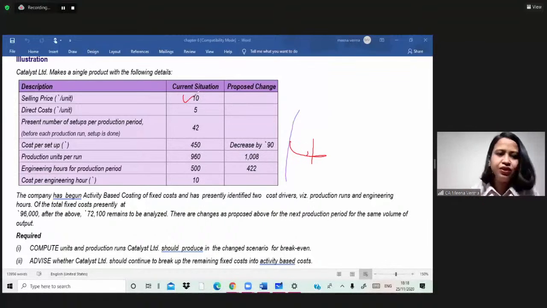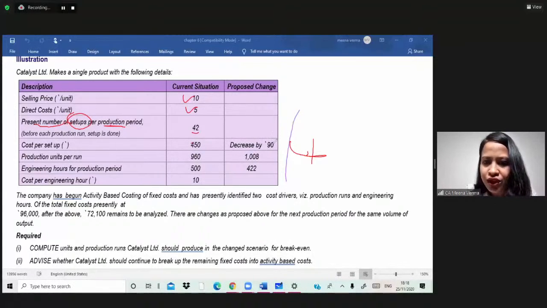Selling price is given. The direct cost, meaning the variable cost, is given here. Then we have the present number of setups per production period, which is 42. And then we have the cost per setup, which is 450. And in the proposed system, this cost per setup is reduced by 90.